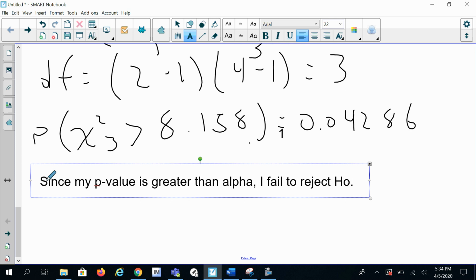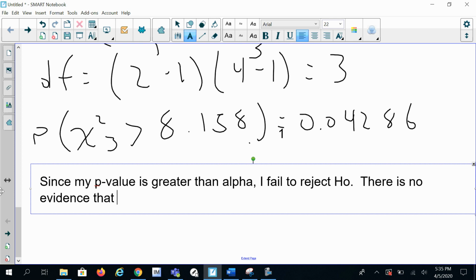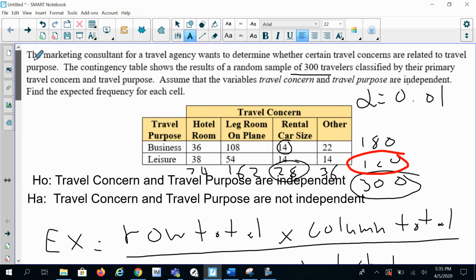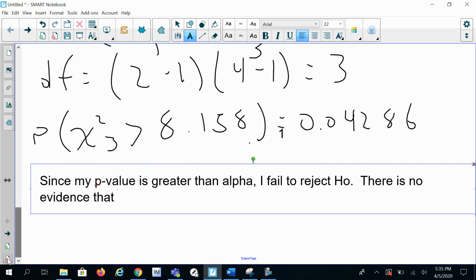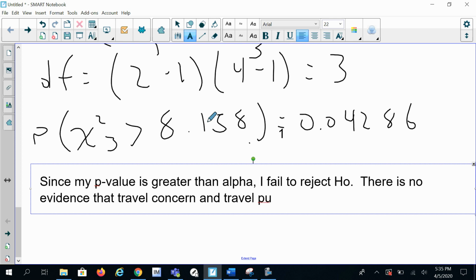And if failed to reject, you don't have evidence. So there is no evidence that, just look at the variables again, travel concern and travel purpose are not independent.